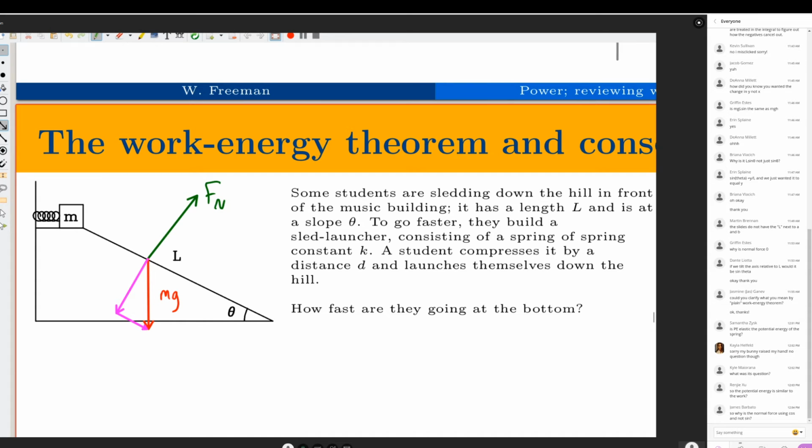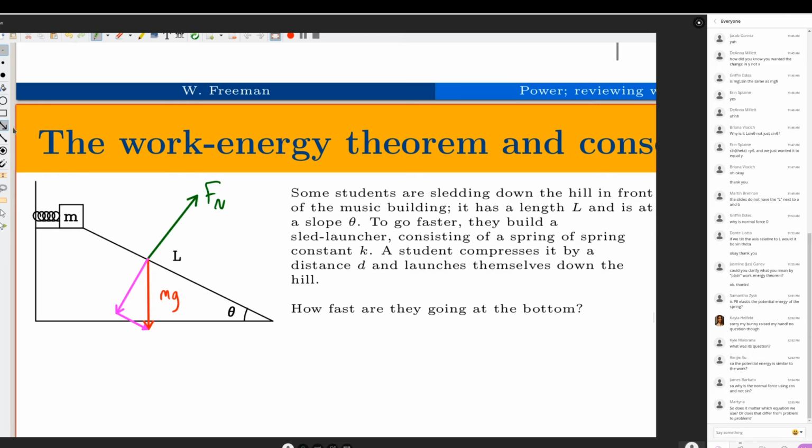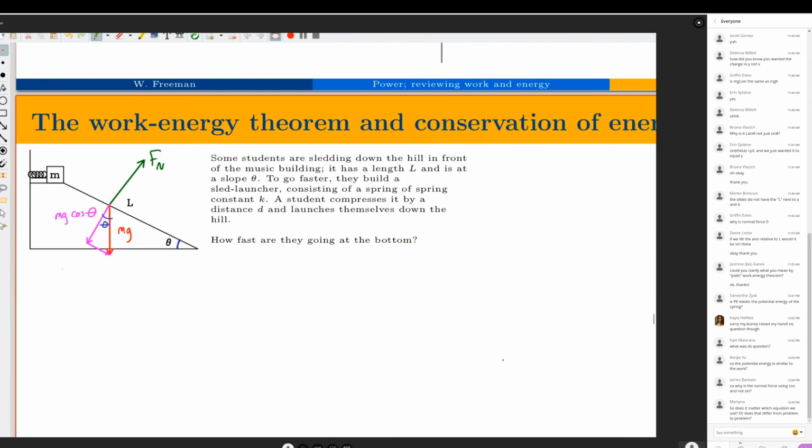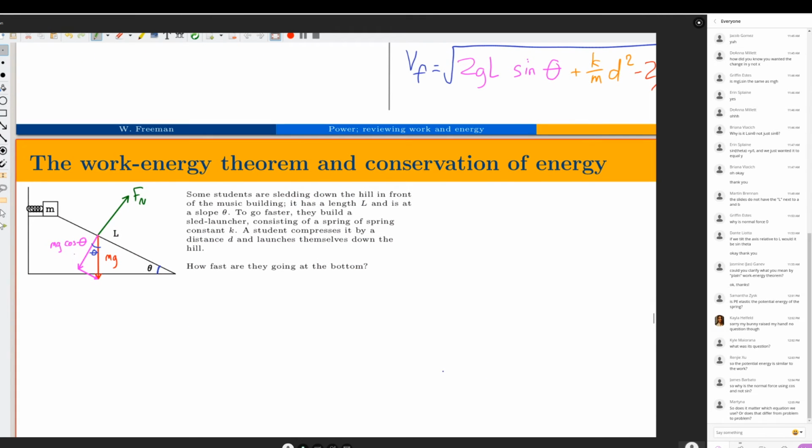Remember when we did this in Unit 2? And this angle here is the same as this angle down here. So we know that the thing doesn't go up and down the ramp. So this component here is mg cosine theta, and that's got to be equal and opposite to the normal force. So the normal force is mg cosine theta just because the motion that way is 0.